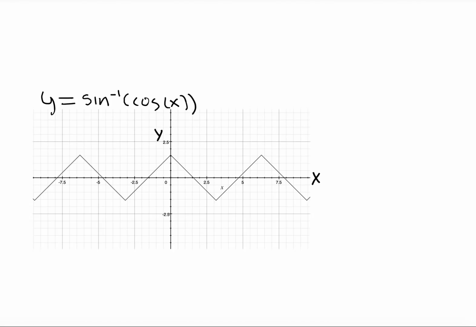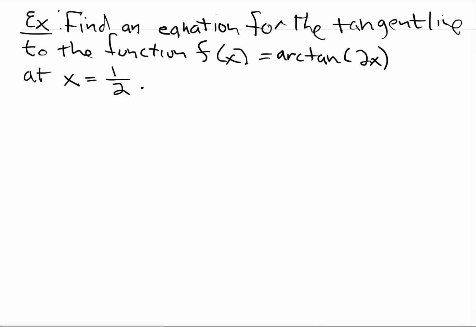We'll try one last example to round this out. I'll actually have you guys do an application. You can find an equation for the tangent line to the function arctangent of 2x at x equals a half. So first off, recall you are going to need the point, and you are going to need a slope to get this tangent line back.